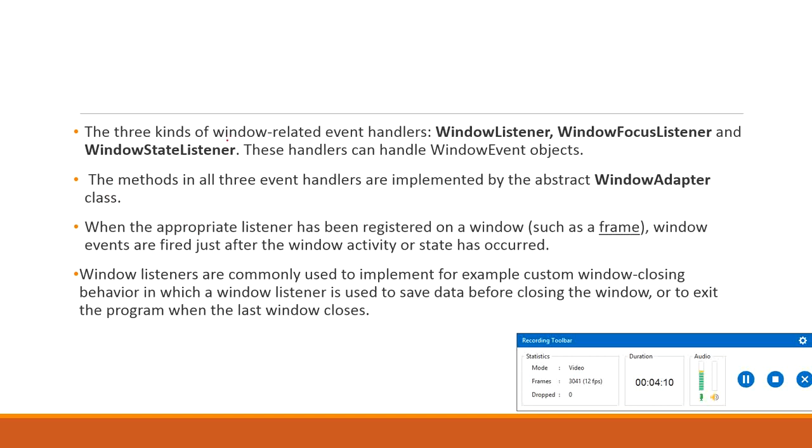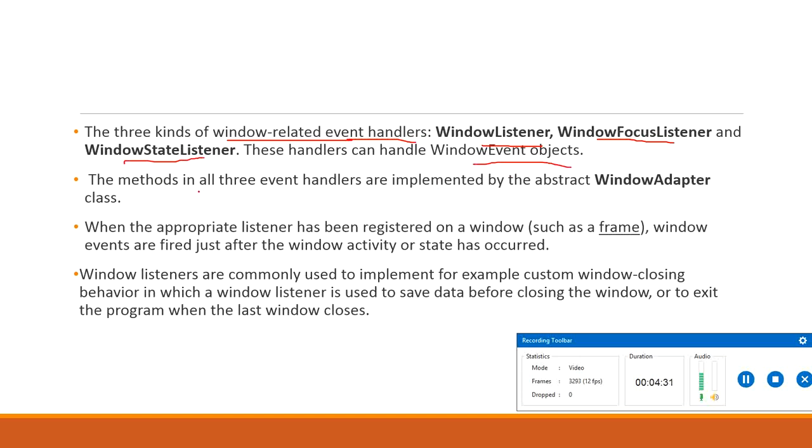There are three kinds of window related events. So what are these window event related handlers? Three kinds of window event related handlers, and they are WindowListener, WindowFocusListener, and WindowStateListener. These handlers can handle the window event objects.